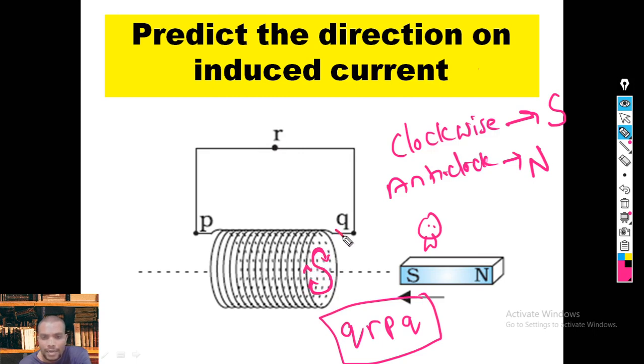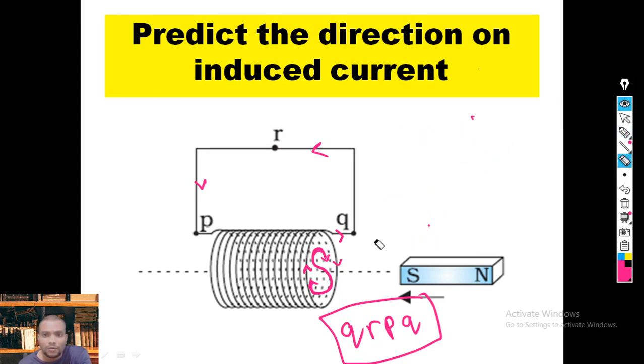So the current direction is from Q R again P to Q. That is the direction of induced current.